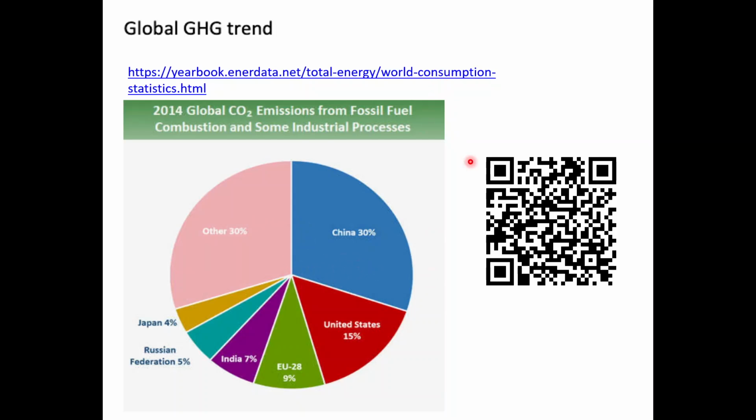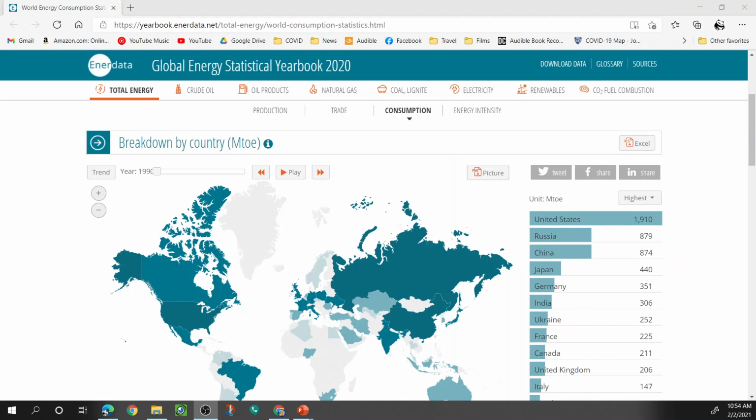All right, so here's a website that I do want to show you guys. Let's take a look at that. So here are time series data looking at energy production, or consumption, I should say. These are consumption within the country, and we're going back to 1990. And clearly, by far, the United States is more than double what Russia and China are consuming.